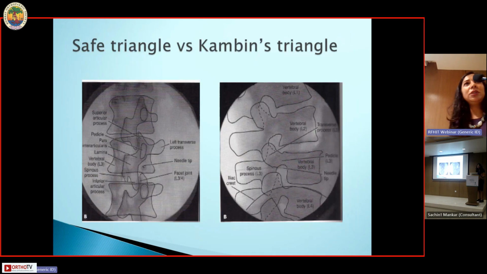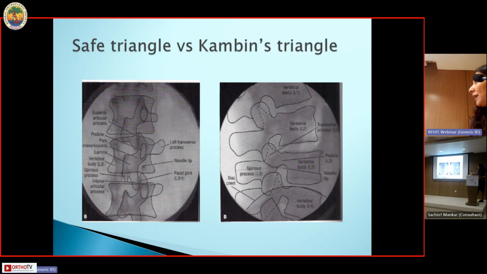There are two approaches mainly to the transforaminal space. One is the safe triangle approach, which is followed routinely, but however, it isn't safe anymore. The safe triangle is when you are subpedicular, right below the chin or the neck of the Scotty dog.